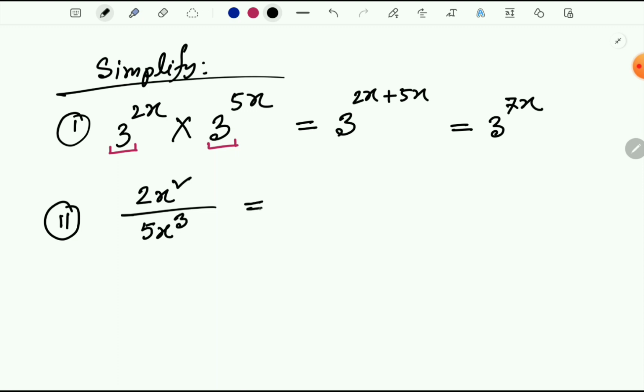How can we simplify this problem? So 2 divided by 5, x square minus 3.